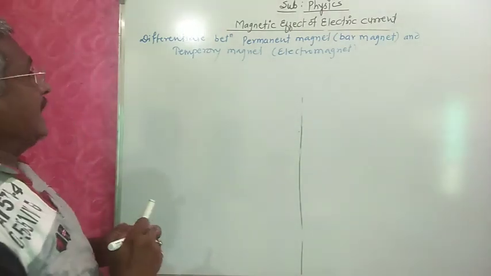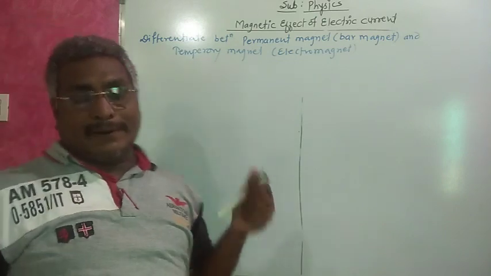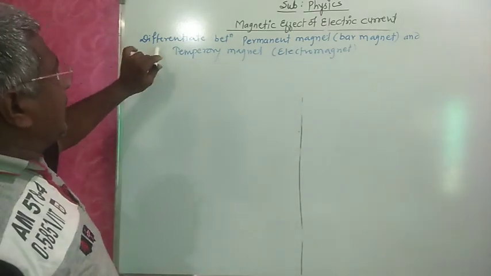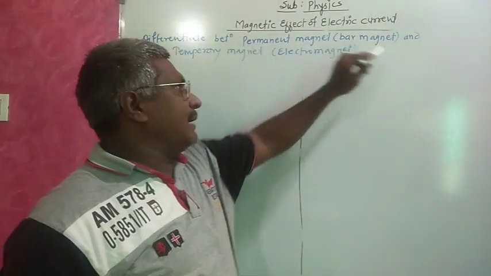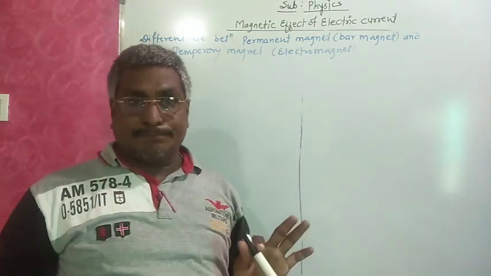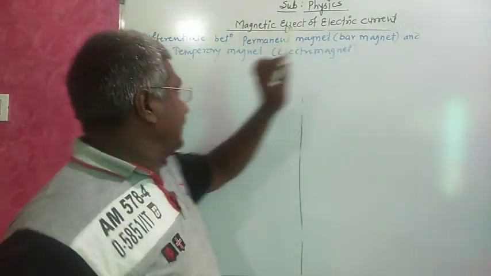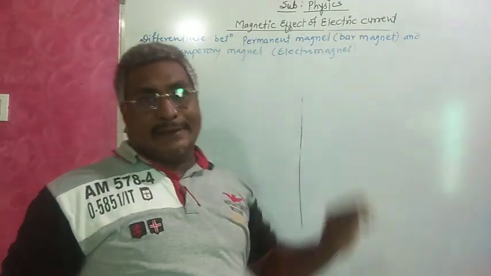Sometimes they ask to differentiate between permanent magnet and temporary magnet, and sometimes between bar magnet and electromagnet. The meaning is the same. That's why I wrote that permanent magnet means bar magnet, and temporary magnet means electromagnet.